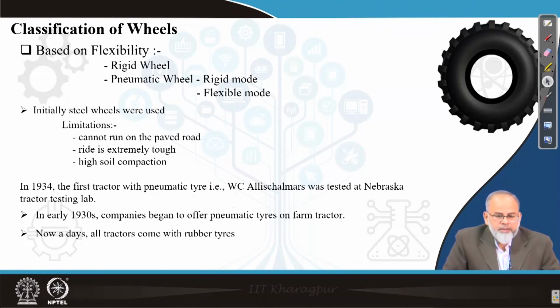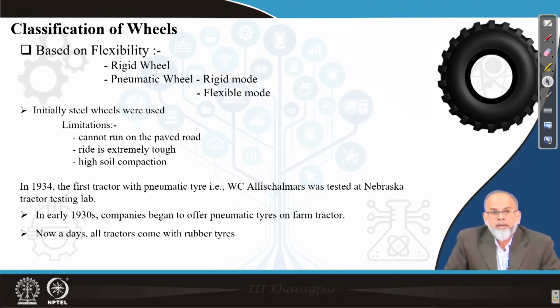In 1934, the first tractor which came with pneumatic tires was the W.C. Allis-Chalmers, tested when fitted with rubber tires at the Nebraska Tractor Testing Laboratory. In the early 1930s, companies began to offer pneumatic tires on farm tractors. Nowadays, almost all tractors are provided with pneumatic wheels or rubber tires.